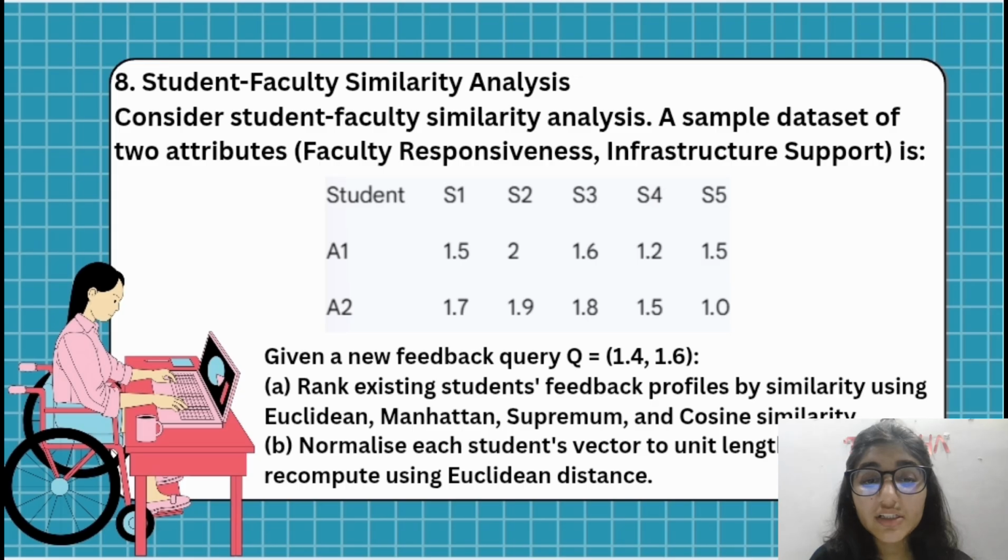We need to calculate, given a new feedback query q = (1.4, 1.6), the rank of existing students' feedback profiles by similarity using Euclidean, Manhattan, supremum and cosine similarity. Also normalize each student's vector to unit length and compute using Euclidean distance.